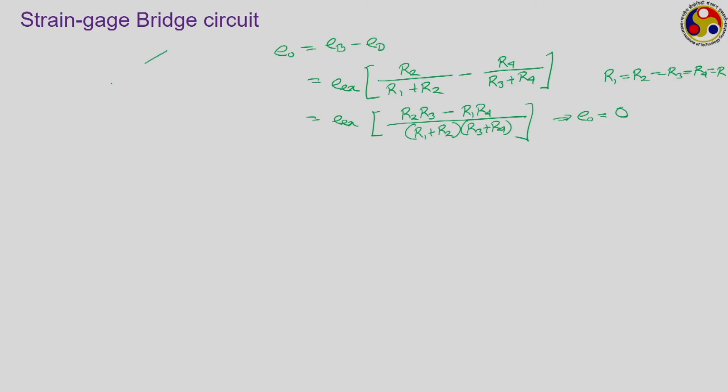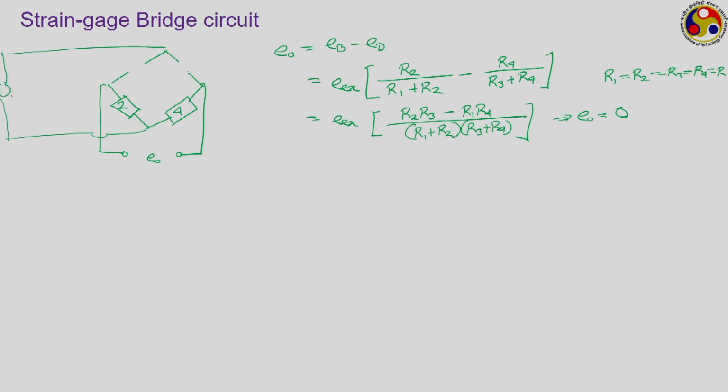Here, 1 and 3 are kept vacant, 2 and 4 will be the normal bridge resistances. They will be connected to the output voltage measuring instrument, which is giving E naught, and you also have the supply voltage at these 2 points.